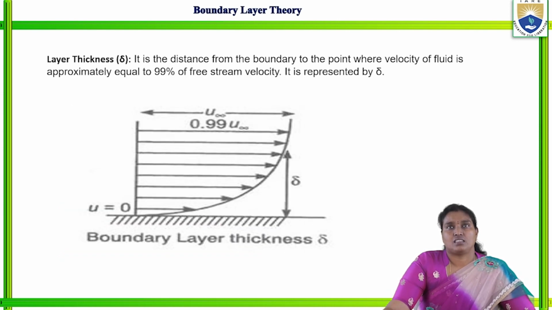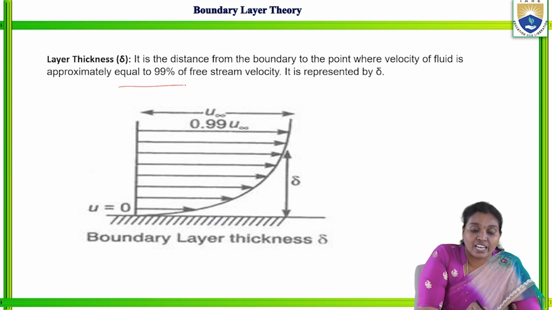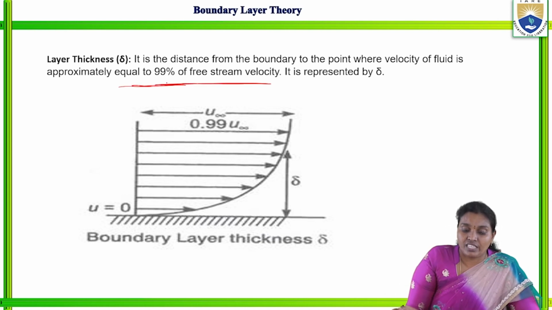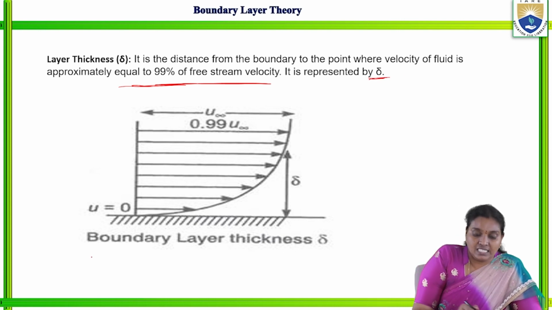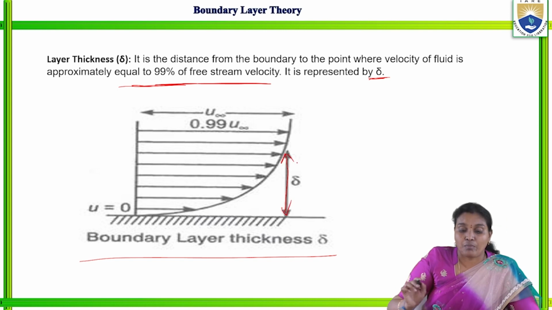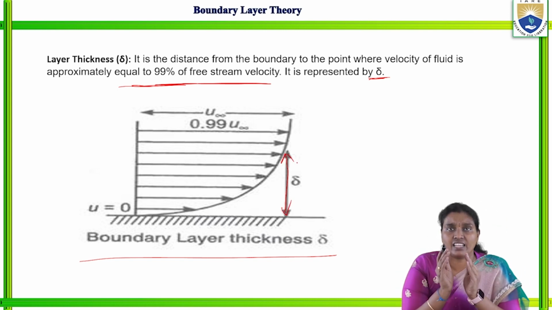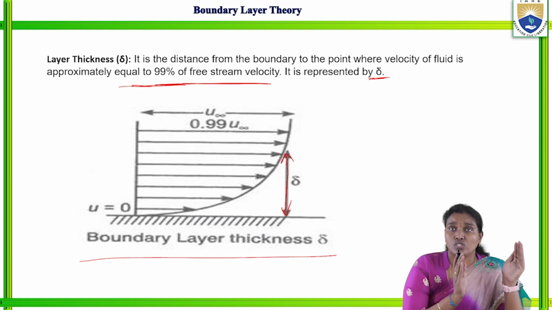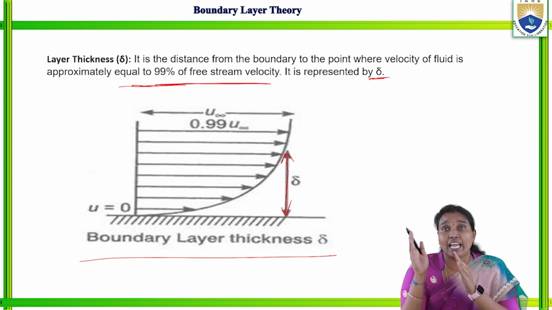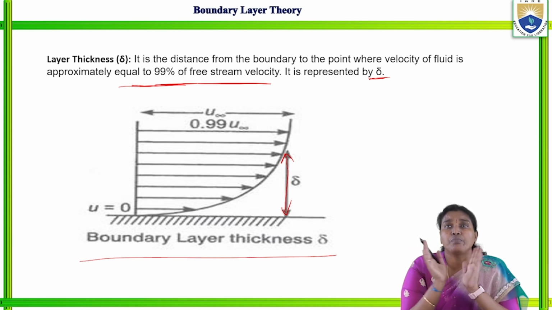Boundary layer thickness is the distance from the boundary to the point where the velocity of the fluid is approximately equal to 99% of the free stream velocity. It is denoted by delta. Whenever we consider the boundary layer region, the velocity goes from 0 to 99% of the free stream velocity.